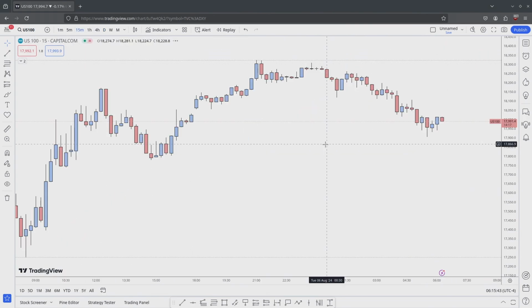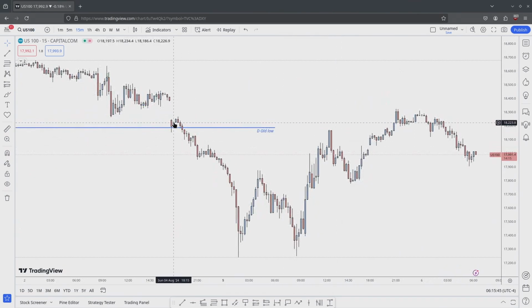We can clearly see this if we drop into a 15. We have this new week opening gap here. We opened up lower, tapped that old daily low, traded down, and then traded back up late in the day, coming back up into this new week opening gap here, essentially.